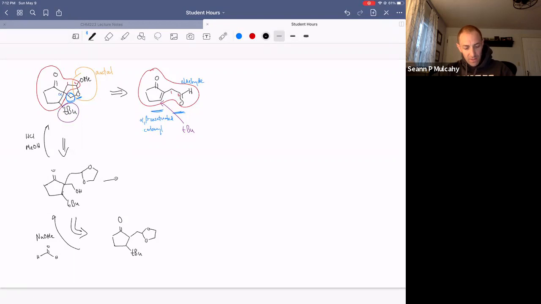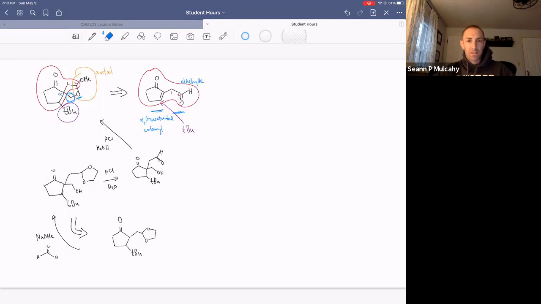And then you would need to treat that with HCl and water to give you the free aldehyde. Which then you would use with HCl and methanol to give you your ultimate product structure. Okay? Make sense?